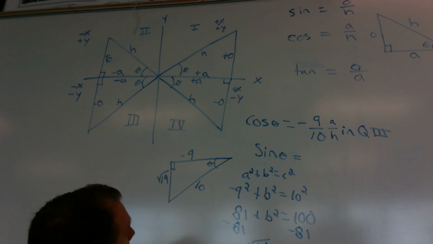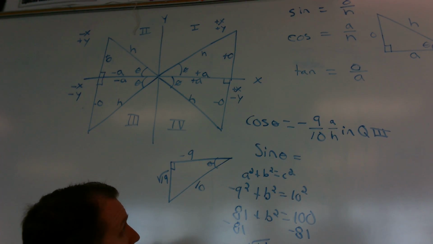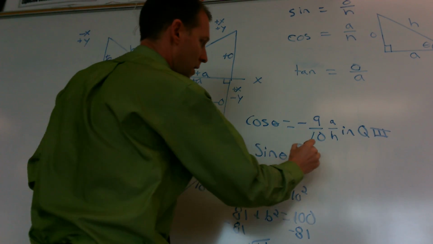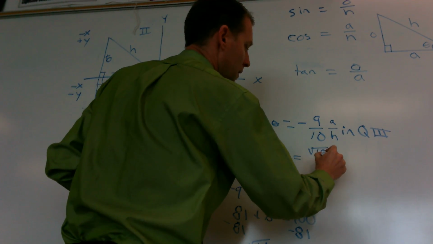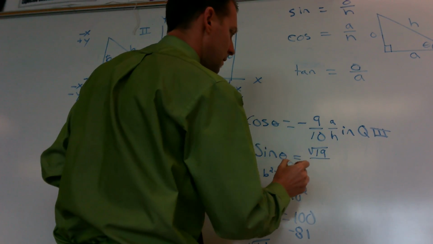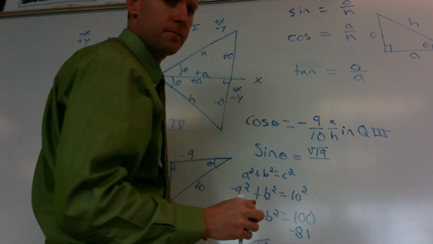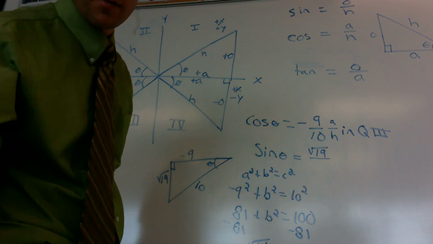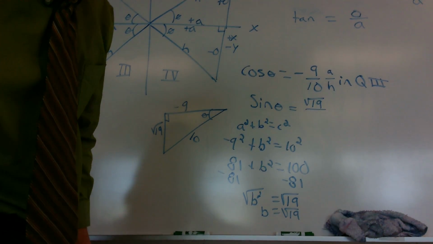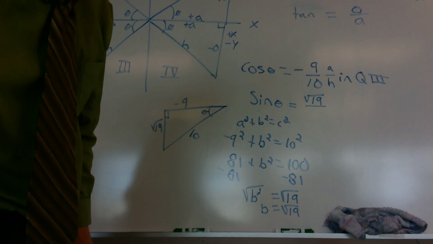So now we can plug it into our sine, opposite over hypotenuse. Our opposite is the square root of 19, over, oops, I just realized you can't see down there. I just took the square root of both sides.